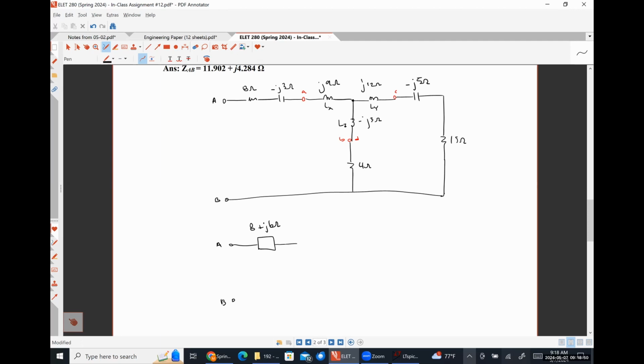My middle branch, I have 4 ohms in series with minus J3 ohms. So I'm just going to put this as 4 minus J3 ohms. And my right-hand branch, I have 15 ohms in series with J12 in series with minus J5. So to me, that looks like 15 plus J7.